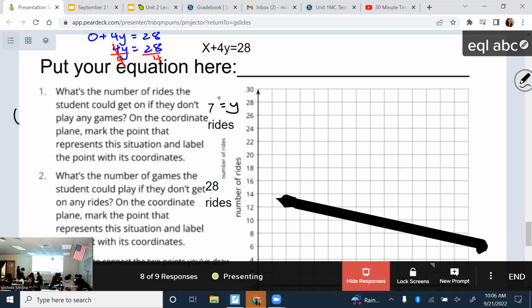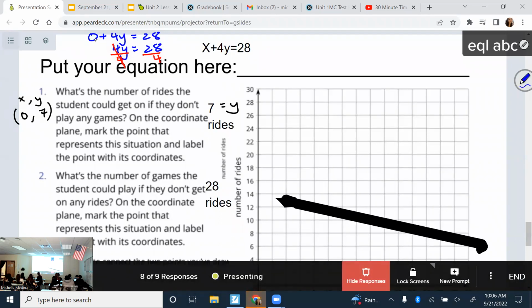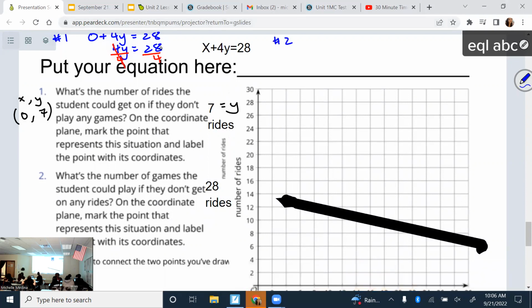What would the coordinate look like for number 1? 0, 7, because x was 0, and y we solved for was 7. Now in the second one, what are we plugging in the 0 for? Here's for number 1. For number 2, we plug in the 0 where? For the y. So it was x plus 4 times 0 equals 28.